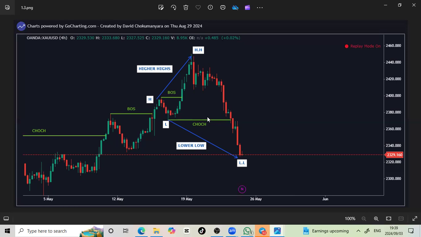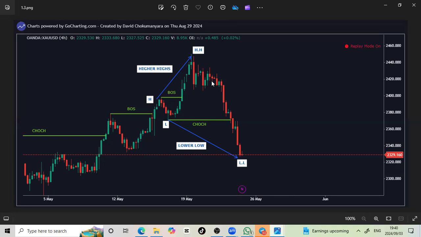Apart from that, we can see that price was making higher highs, at the same time price was also making lower lows. This pattern is like a discord, because in most cases when price is moving smoothly, we should see a series of higher highs and higher lows, or a series of lower lows and lower highs.